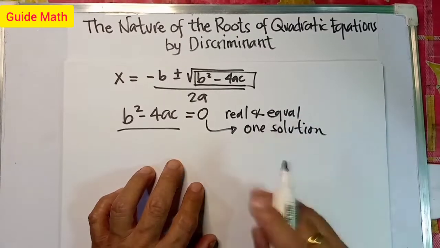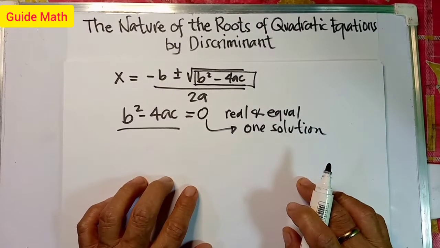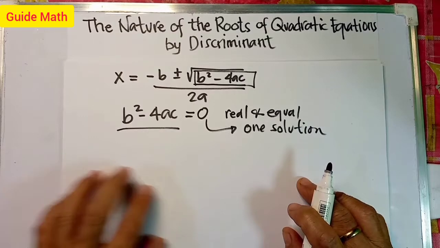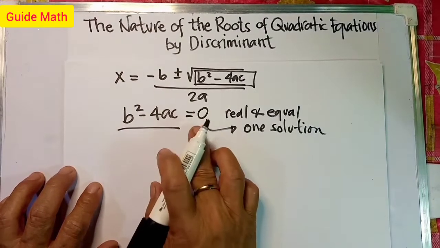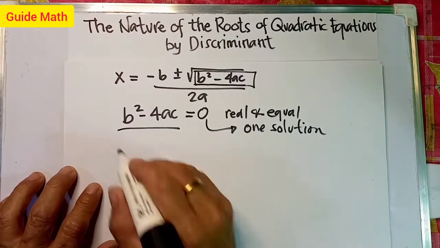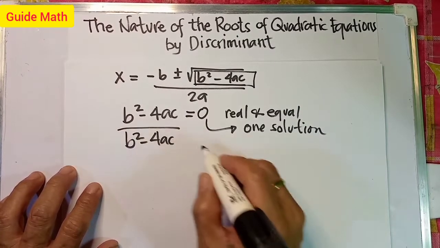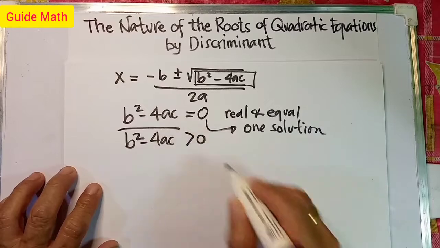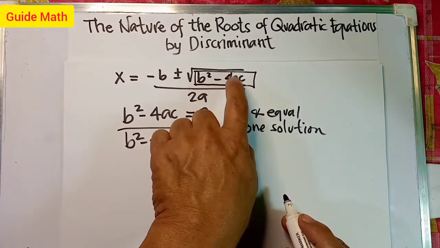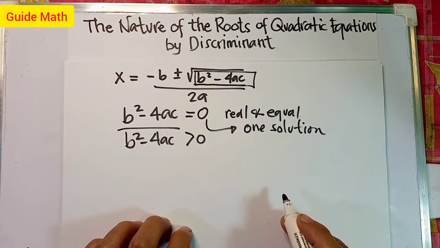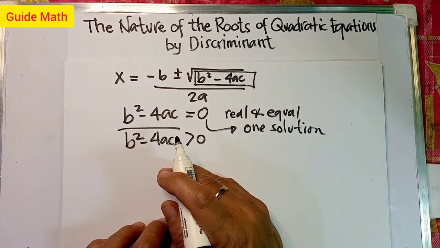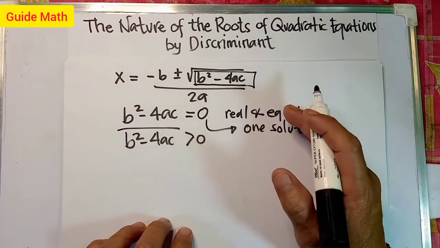Yun ang ibig sabihin ng ating discriminant. Pwede natin sabihin na kung halimbawa hindi magiging 0 yung result natin, b squared minus 4ac as our discriminant is greater than 0. Halimbawa, mas sobra sa 0 yung result natin dito. So, ano pa ang magiging interpretation natin?